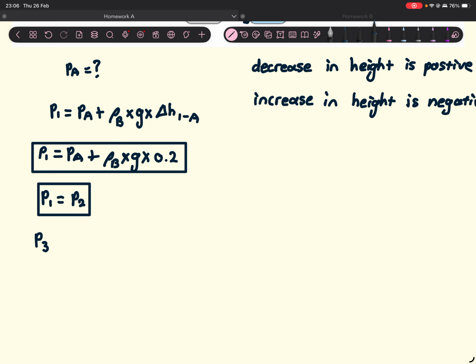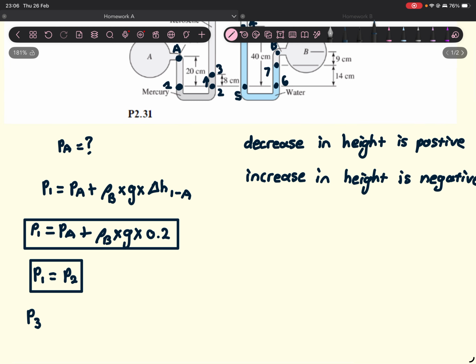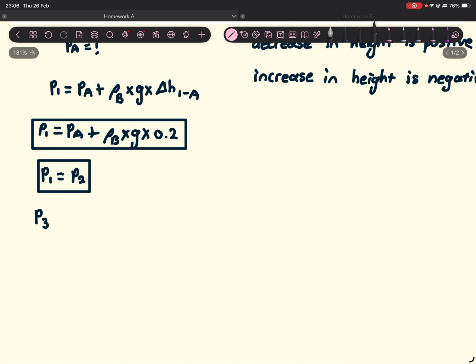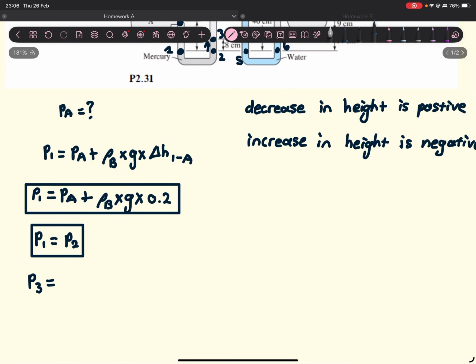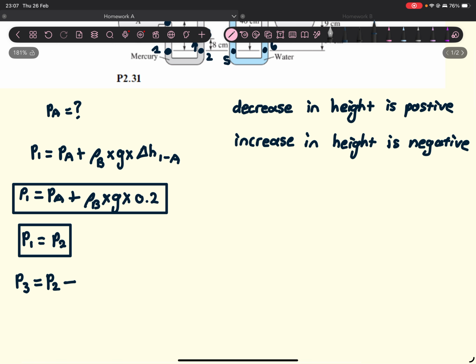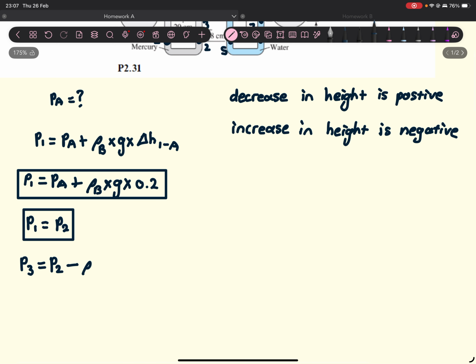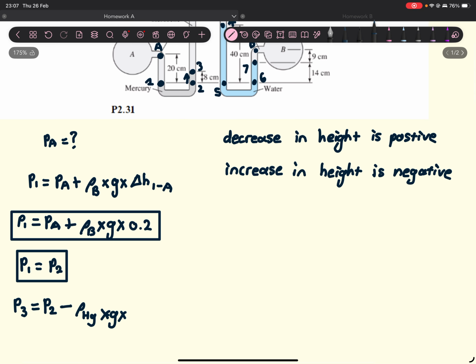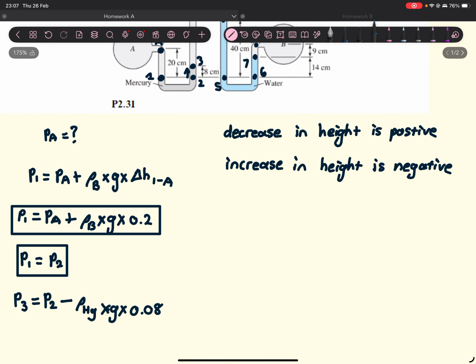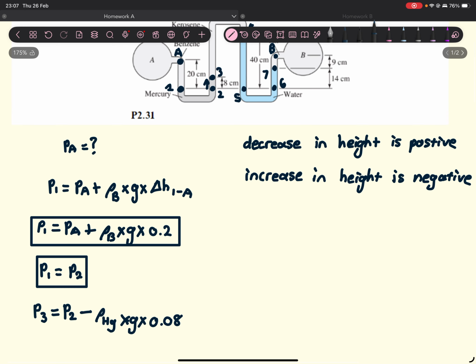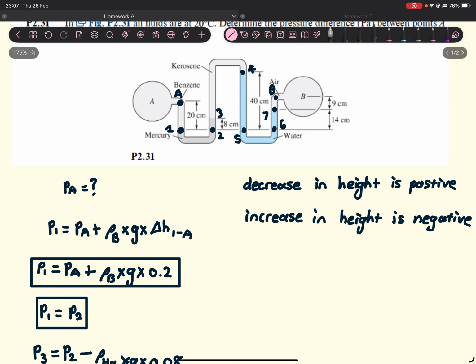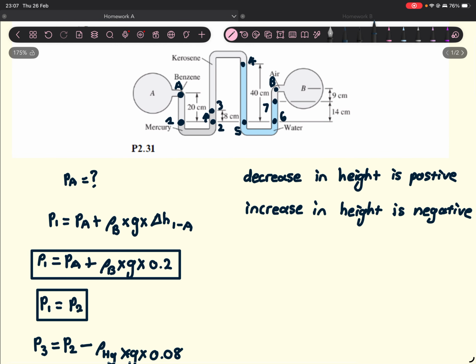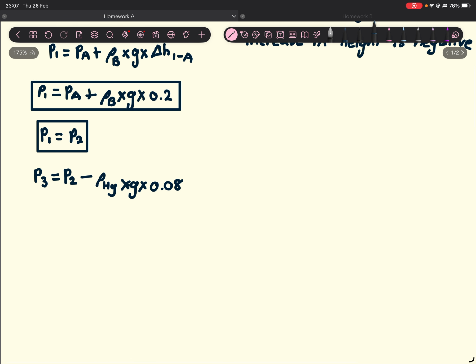Okay, so we have equations for P1 and P2, now we need an equation for P3. So P3 will just be equal to P2 minus the rho of mercury times g times the height, which is 0.08. So it's negative because we're moving up from point 2 to point 3. Yeah, and that's basically it.